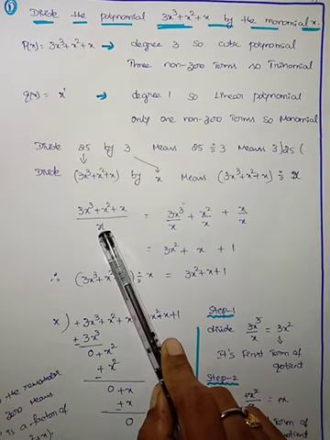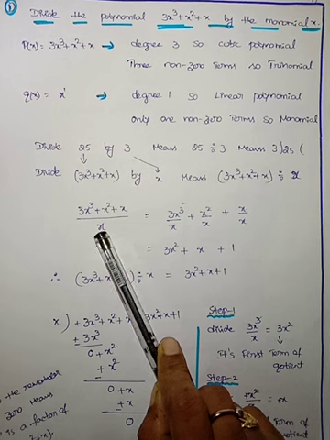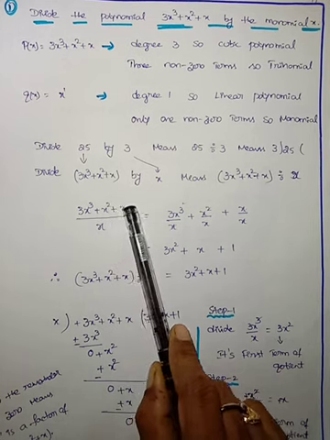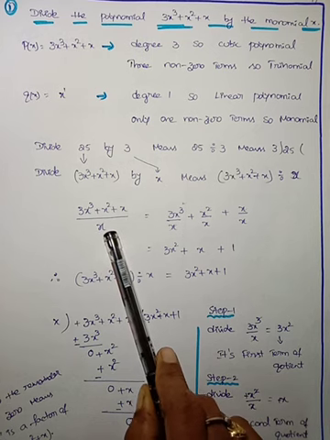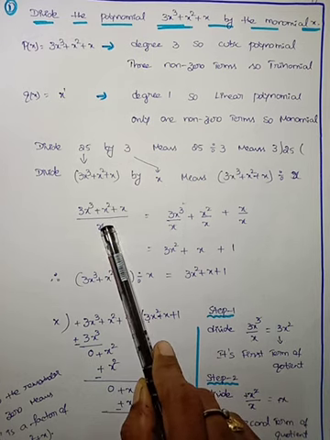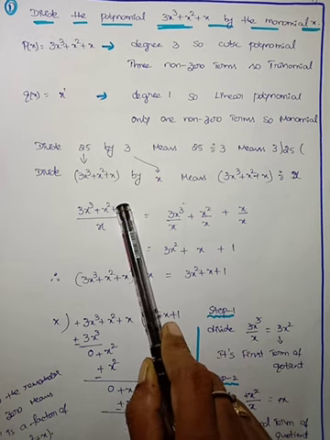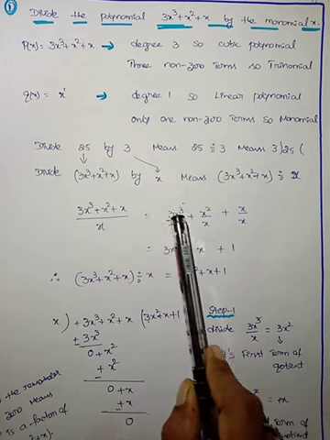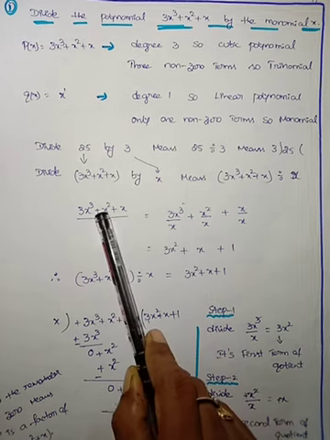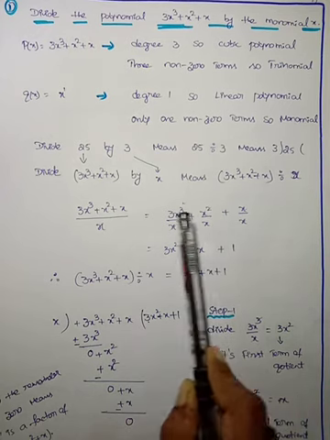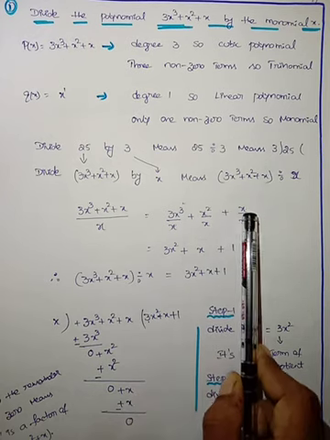This is the divisor. How many terms are here? 1, 2, 3: three terms. How many terms here? One term. This has degree 3 and this has degree 1. You have to divide each term by this denominator: 3x cube by x plus x square by x plus x by x.